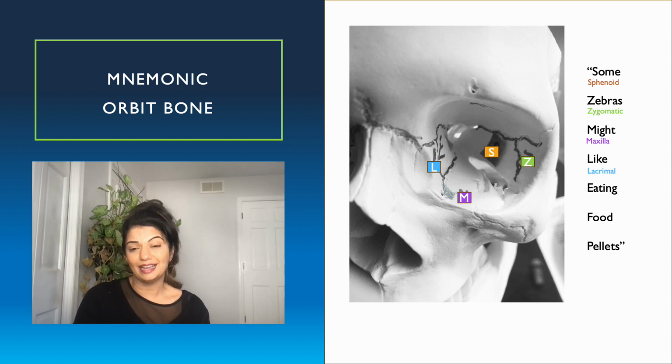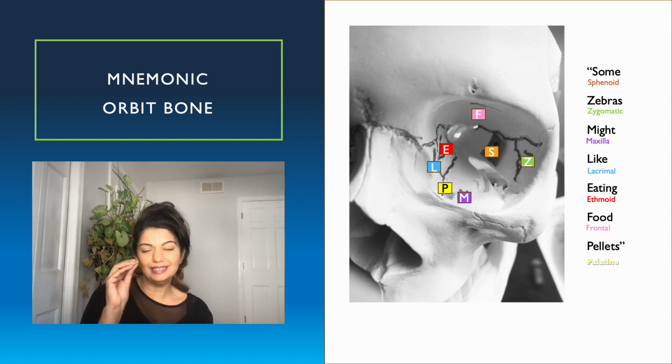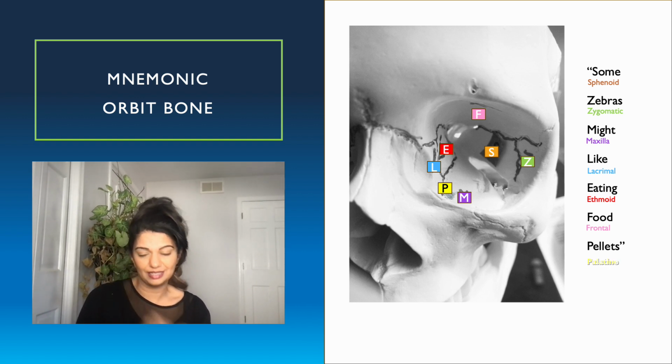"Like" is lacrimal. "Eat" is ethmoid. "Food" is frontal, and "pellets" is for palatine bone, which is really hard to see. It's basically just a smidgen. But there you have it. That is a mnemonic to remember the orbit bones.